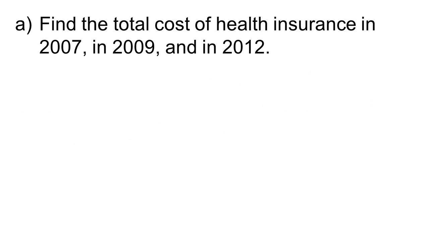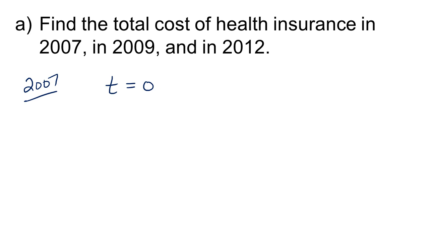Part A, find the total cost of health insurance in 2007, in 2009, and in 2012. Let's look at 2007. We were told on the previous page that when dealing with the year 2007, our T value would equal 0, meaning that we are 0 years past 2007.